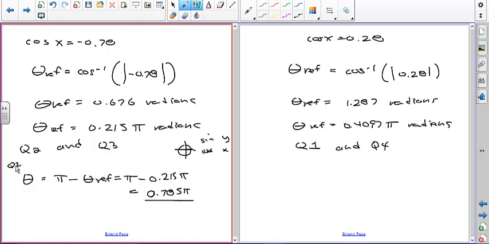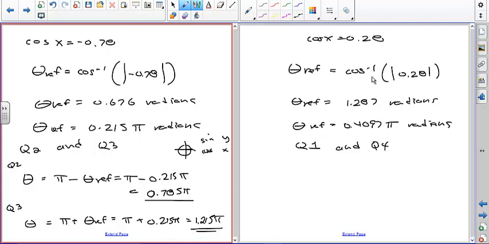That's my second quadrant solution. My third quadrant solution is pi plus the reference angle. So you get pi plus 0.215 pi, which is 1.215 pi. So that's my second solution.